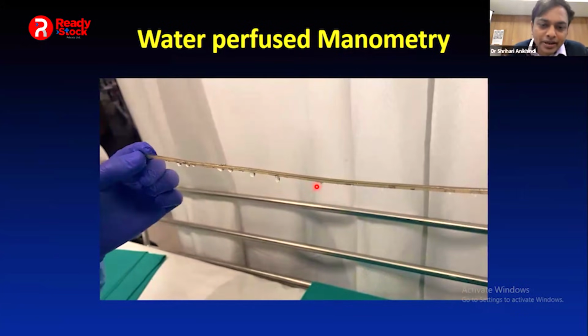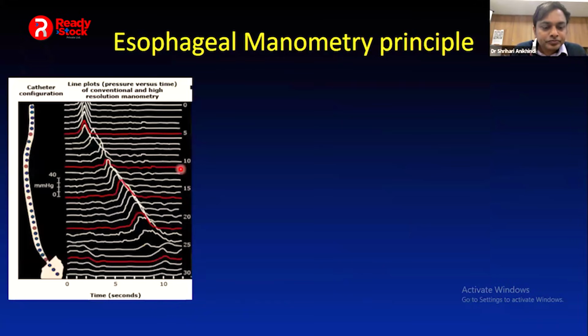The water is dripping at a constant, prefixed rate through all the channels. So it is the resistance to the flow of water at the different channels that we are trying to estimate. Okay, so the basic principle is the water is dripping through the various channels, and the resistance to the flow of water is what we are trying to see in our areas of interest, right?